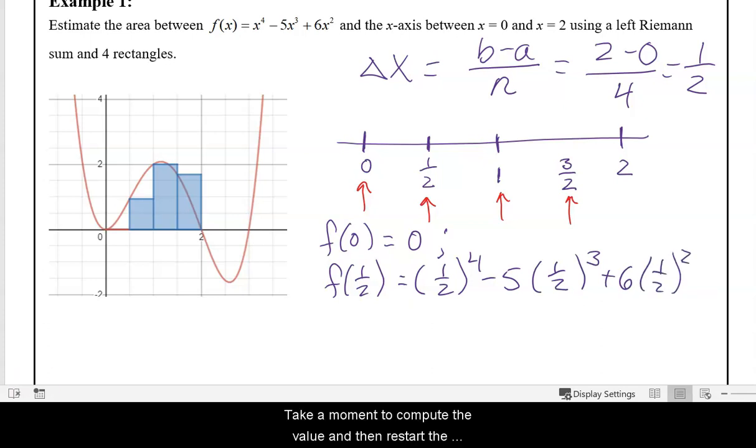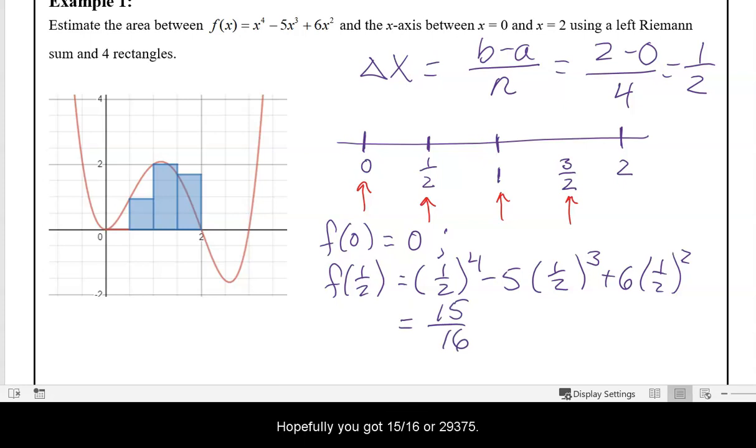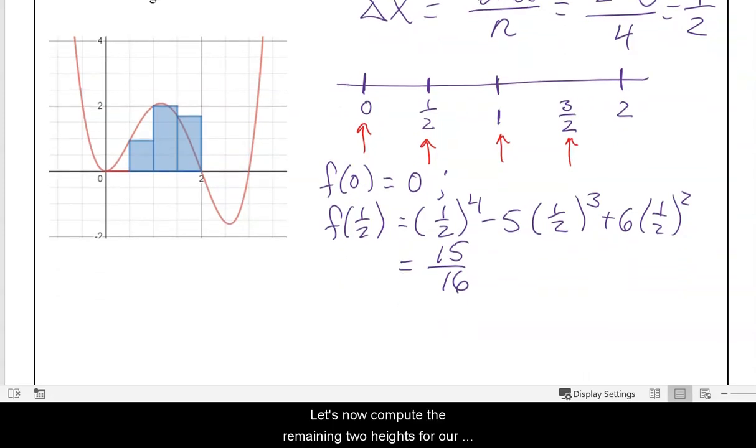Take a moment to compute the value and then restart the video to see if you got what I got. Hopefully you got 15/16 or 0.9375.